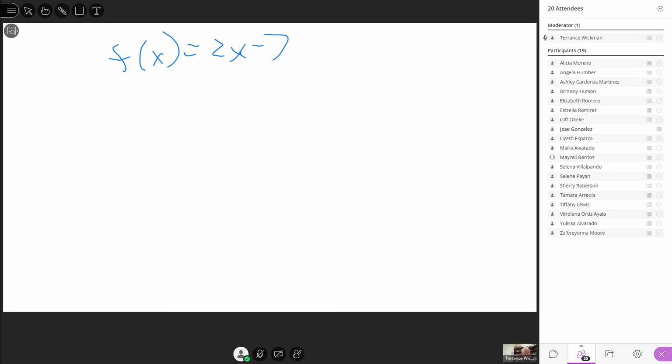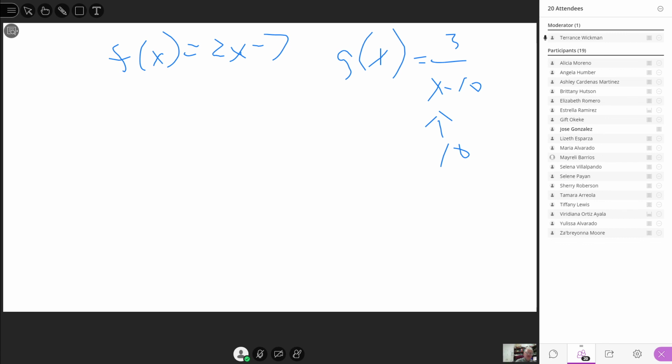There's no number that you cannot use for x. Now the g of x equation. What number can you not have in the g of x equation? Positive 10. Exactly. If this is 10, you get 0 in the denominator, so it's no bueno.